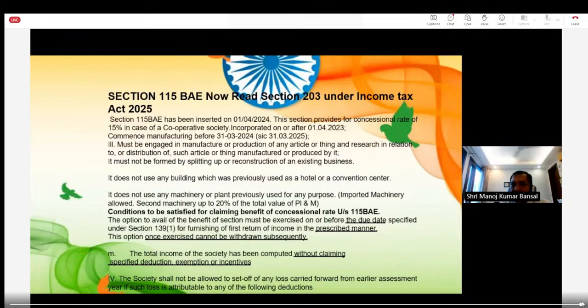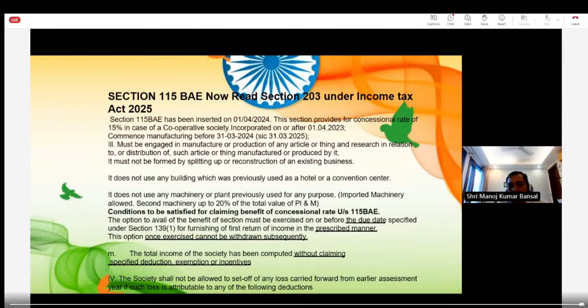It commenced manufacturing before 31st March 2024. It must be engaged in manufacture or production of any article or thing, and research in relation to or distribution of such article or thing manufactured or produced by it. It must not be formed by splitting up or reconstruction of an existing business.